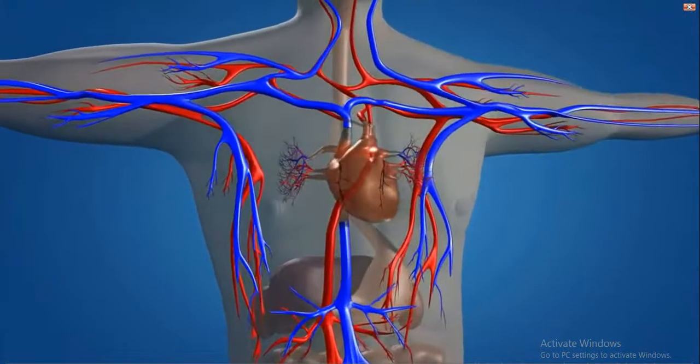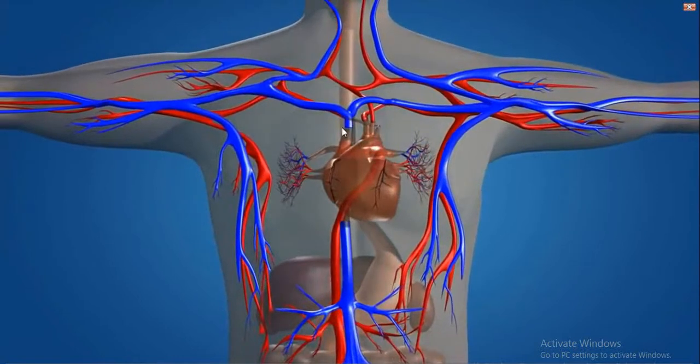You can identify the heart, and with the connection of the heart there are so many blood vessels flowing all over the body. Especially, we identify the main function of the heart.